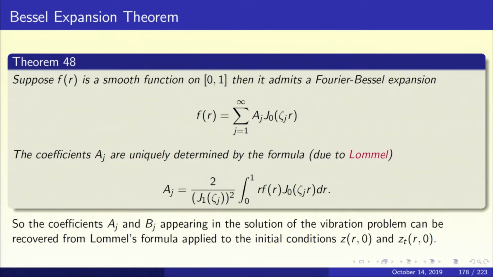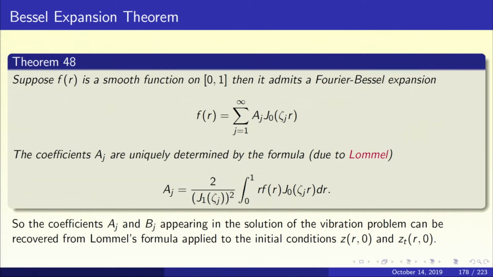J0 prime is minus J1, that is how this comes. So, the coefficients Aj and Bj appearing in the solution of the vibration problem can be recovered from Lommel's formula applied to the initial conditions Z of r comma 0 and Zt of r comma 0.